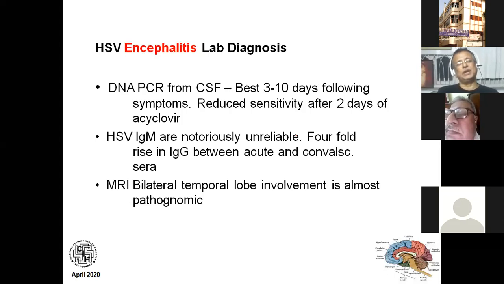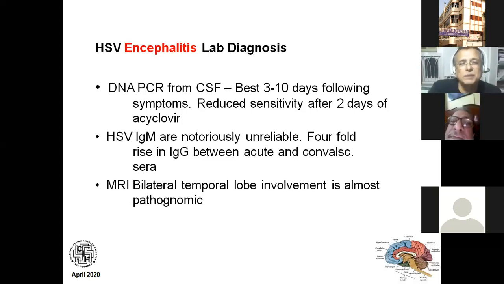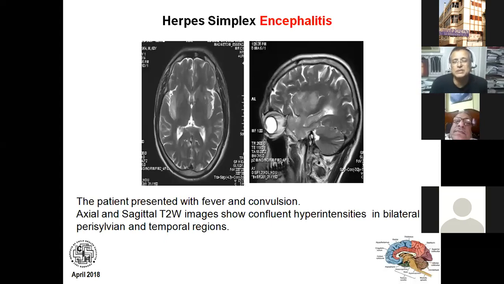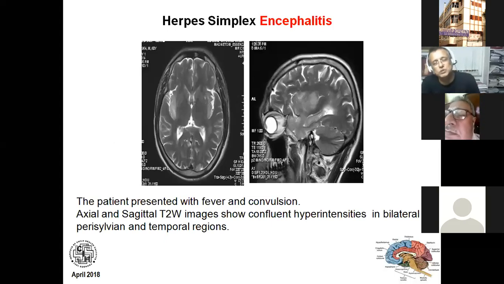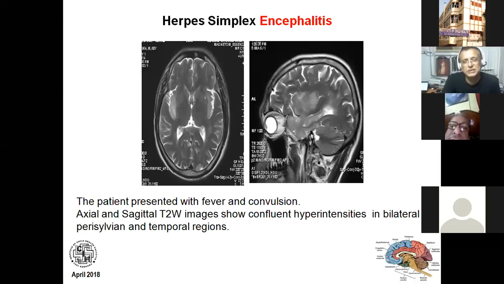Never ever do an HSV IgM because it is notoriously unreliable. If you do an MRI and find bilateral temporal lobe involvement, it is pathognomonic of herpes simplex encephalitis. Here you can see bilateral involvement of the perisylvian and temporal region, which is almost pathognomonic of herpes simplex encephalitis.